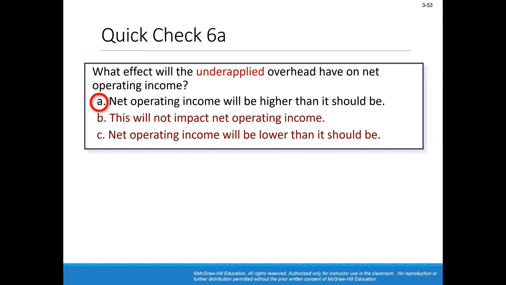After I do the journal entry and reduce my costs, what happens to my income? It's going to go up. So in the overapplied case, my income was showing less than it should have been. I hope you understand that. So if it's underapplied, operating income is showing higher than it should be, and if it's overapplied, then my operating income is less than it should be. Does that make sense?